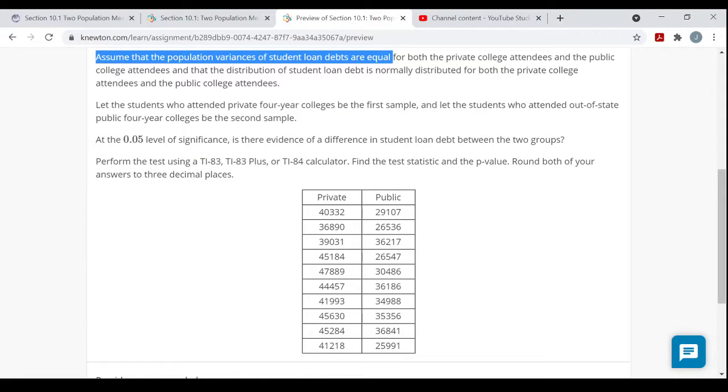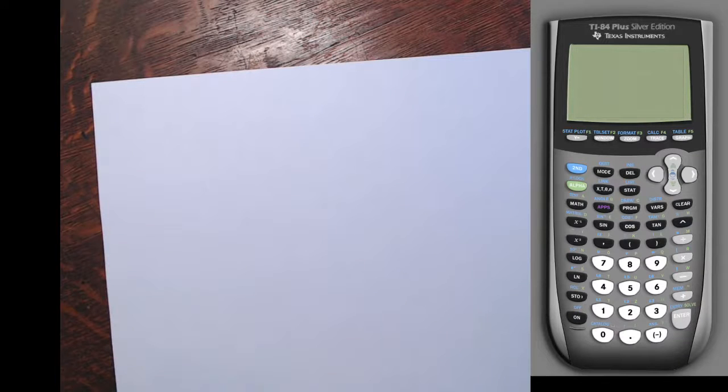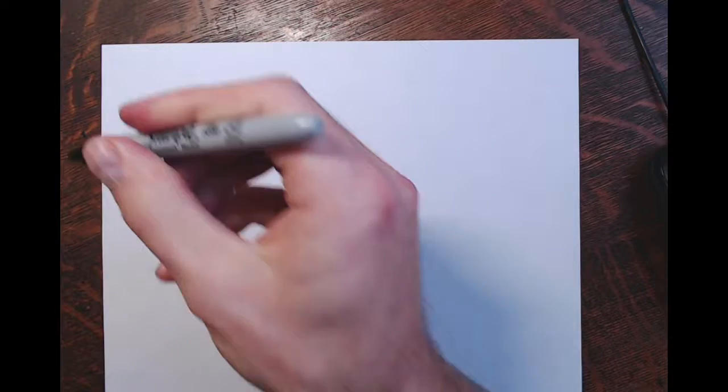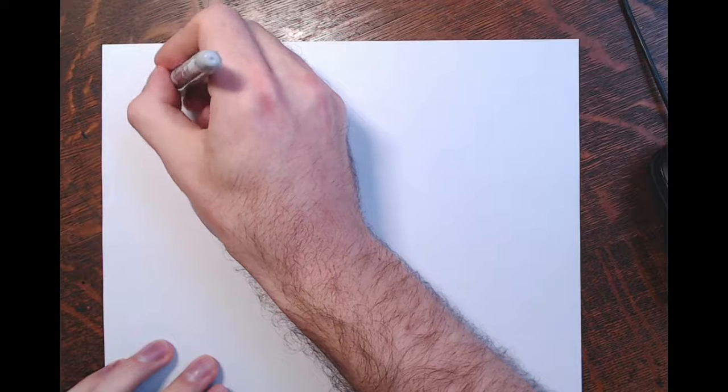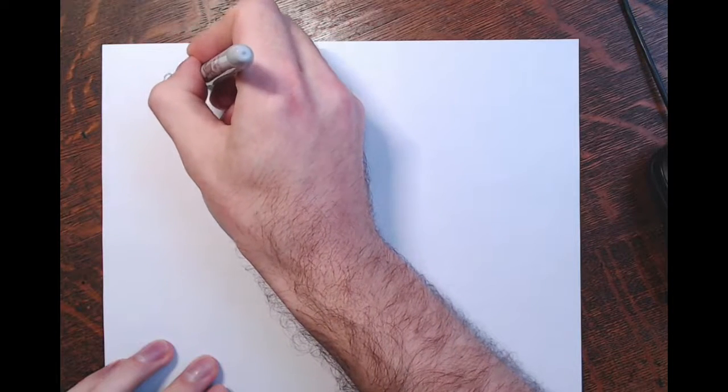First, before I go to the calculator, let me write some of this information down. The thing we're asked to test, the claim: is there evidence of a difference in student loan debt between the two groups?